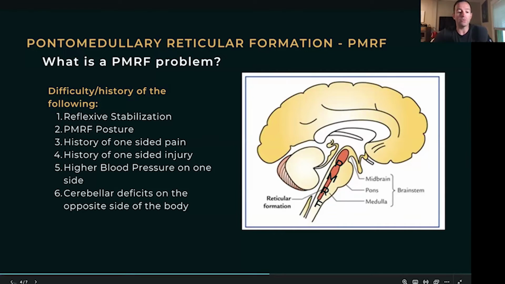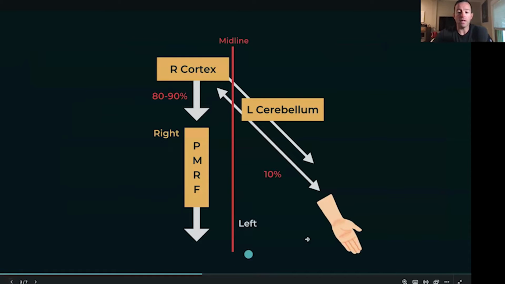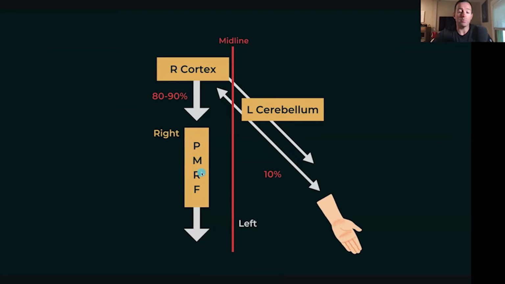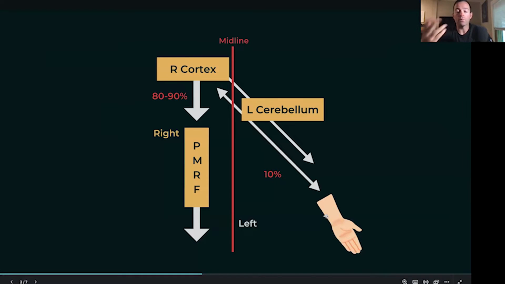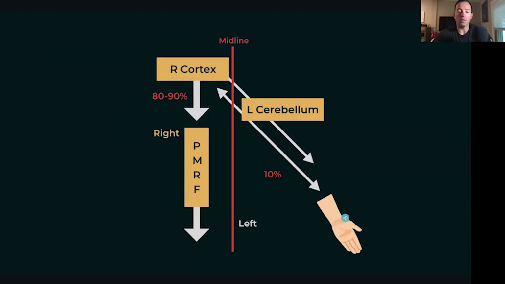If you remember back to this slide, when we move our left hand, that is coming from the right cortex, which is acting on the right PMRF. If you remember that, this should start to make sense. If I have a coordination deficit on the left side of my body, meaning whatever movements I'm testing are sloppy and dysrhythmic in some way, or maybe I have accuracy issues and I'm making more movement mistakes, that, because of this loop that we're looking at, would suggest that the PMRF is being affected.